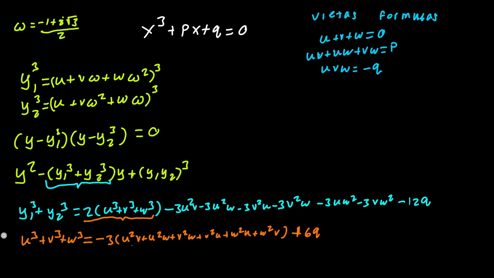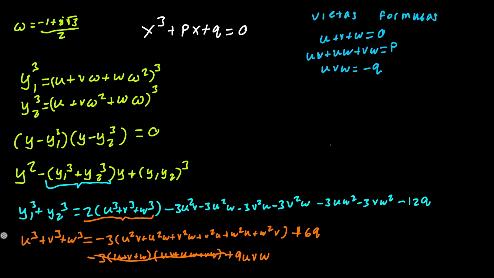The negative 3 multiplied by everything inside the parentheses nicely pans out to negative 3 times u plus v plus w times the pairs of the roots, uv plus uw plus vw, plus 9uvw. And we see that u plus v plus w is equal to 0, so that expression goes away.